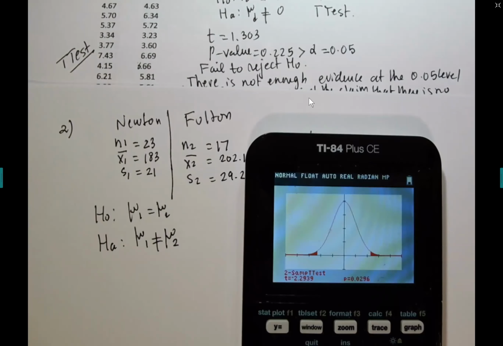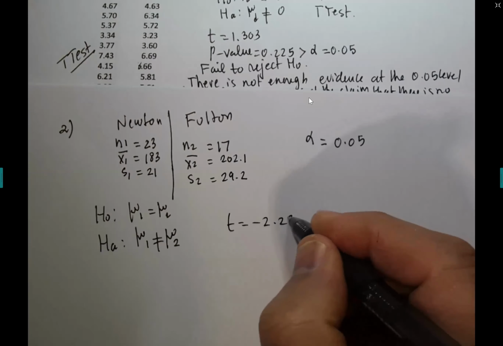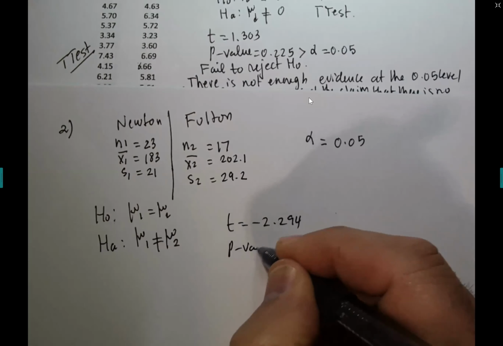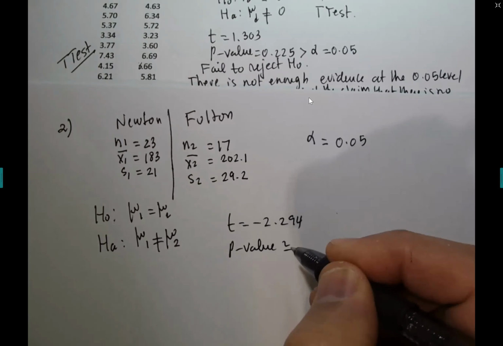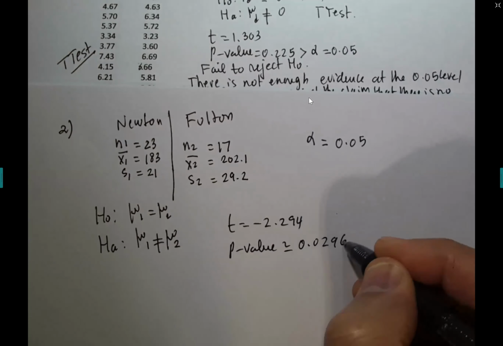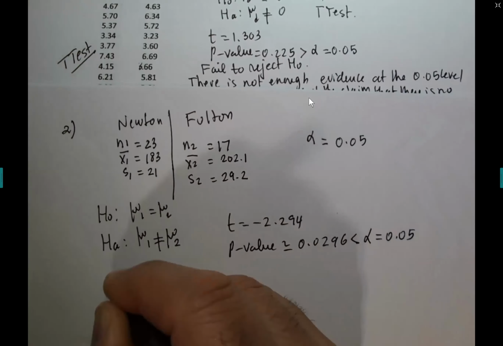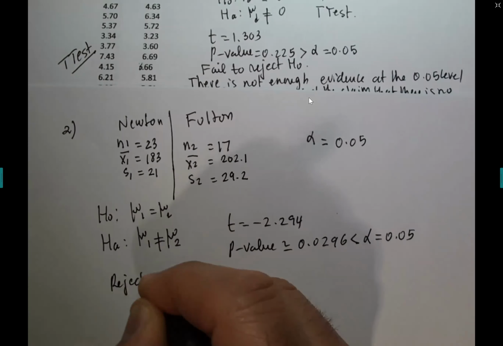So T is negative 2.294. And the p-value, I read, guys, 0.0296, which is less than alpha. And we reject H0 because it is less than alpha.